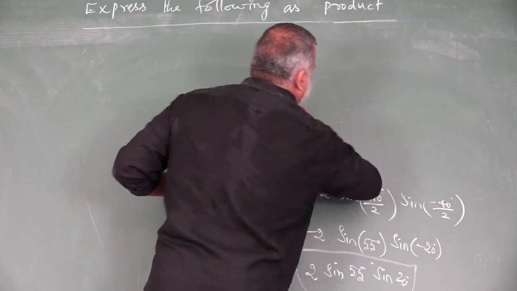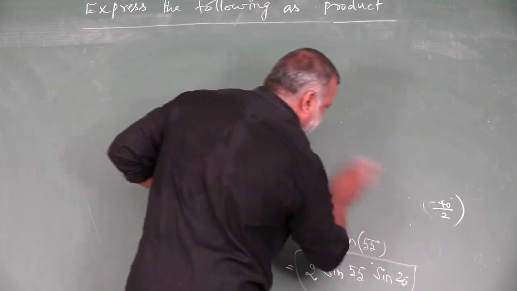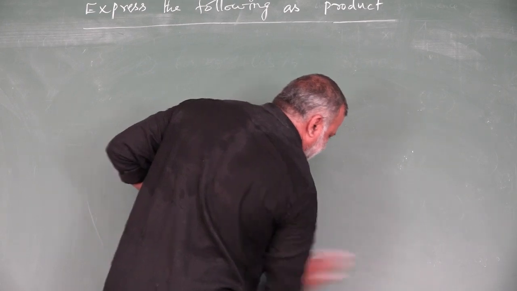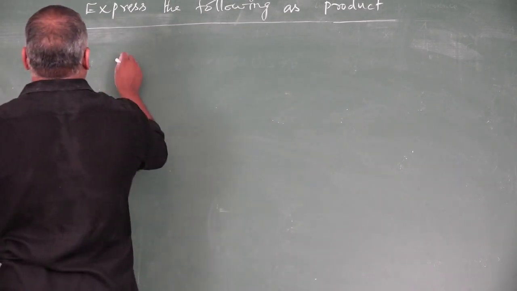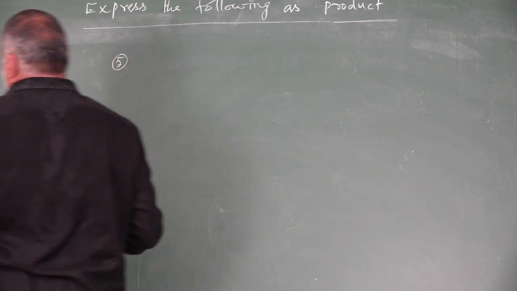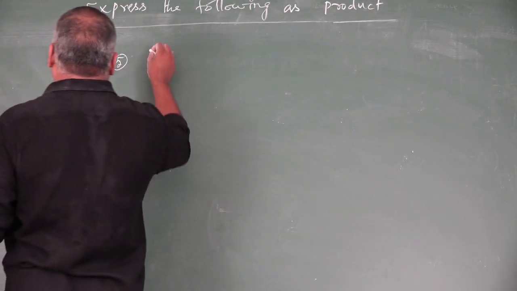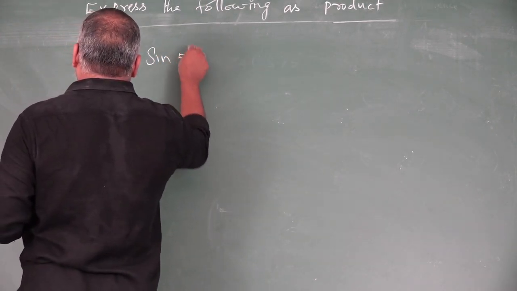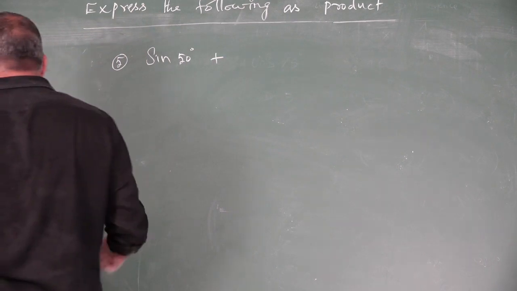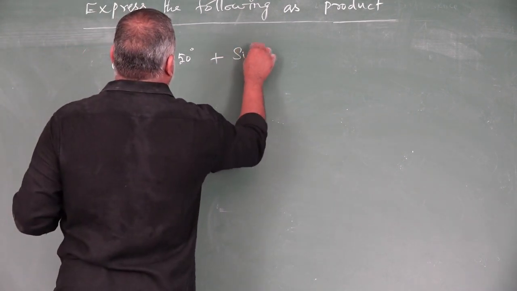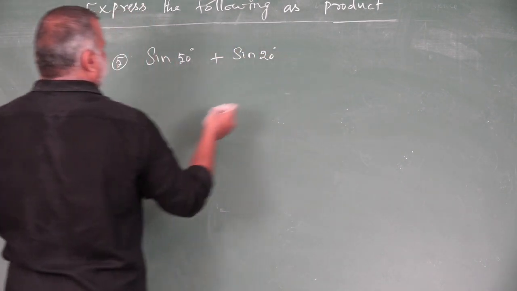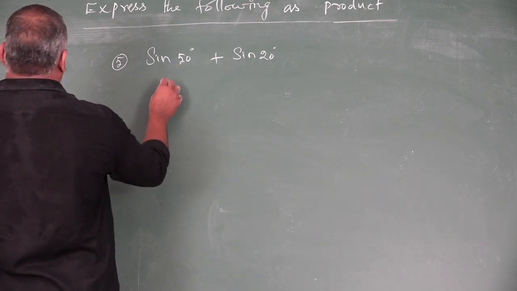Then relate with the given data and substitute. See question number 5 here. The question number 5 is sin 50 plus sin 20. Listen students, this is your homework. You have to do it.